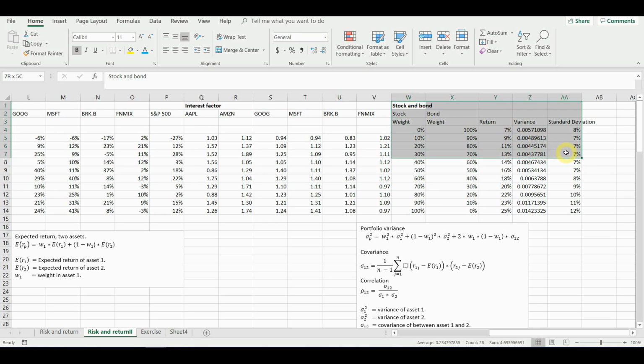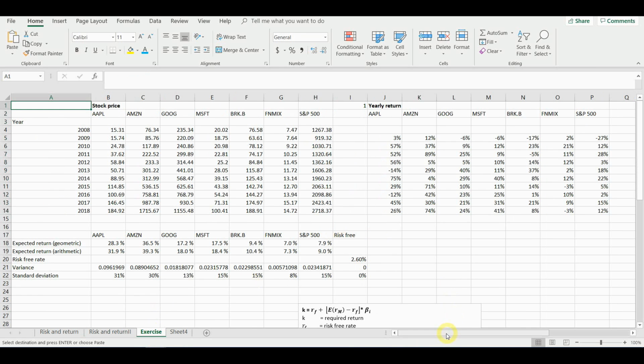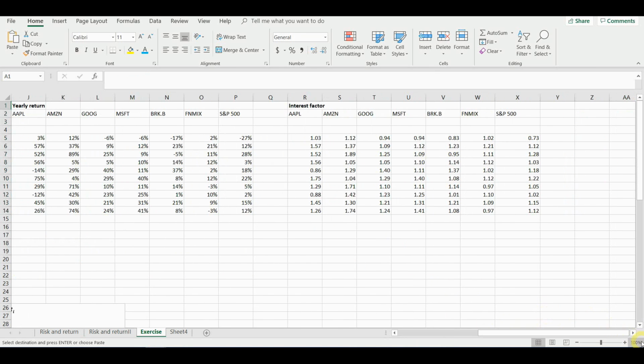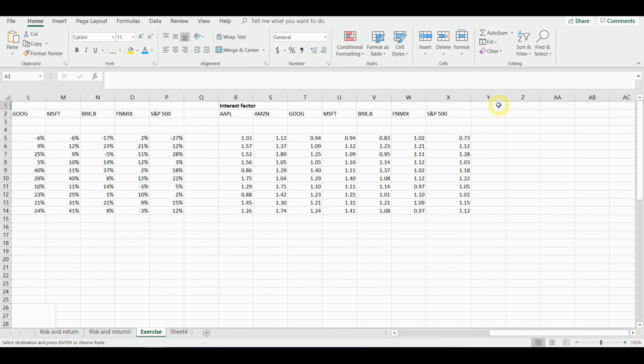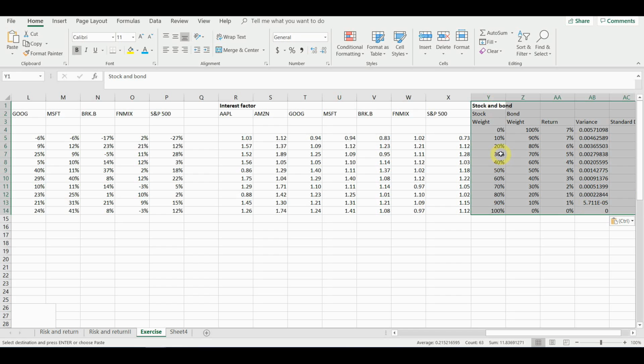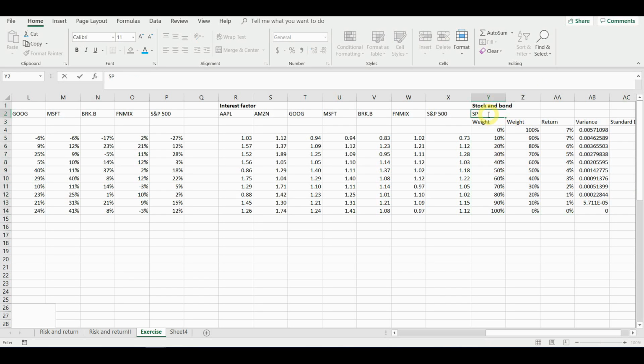Copy this area here. Paste. Change the text. S&P 500. Risk-free.